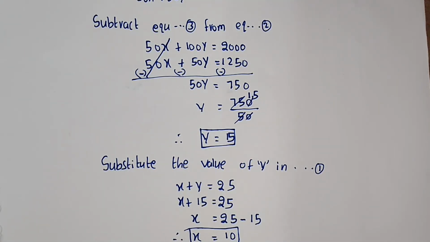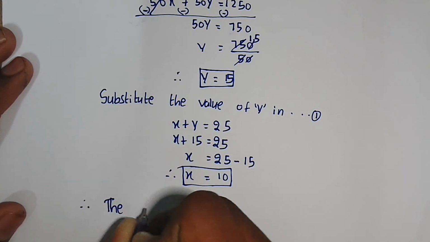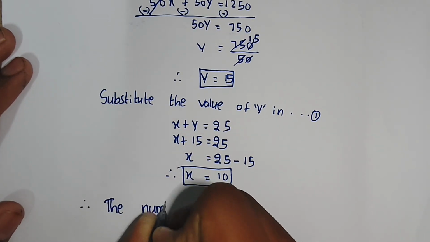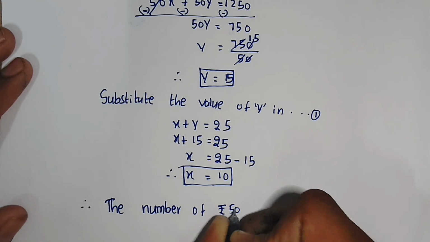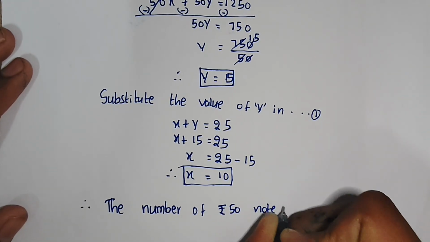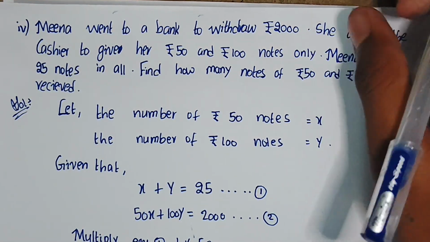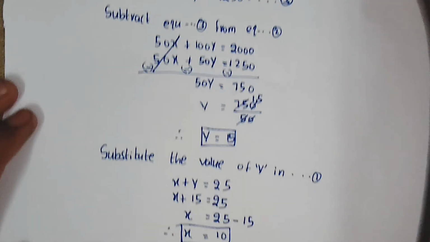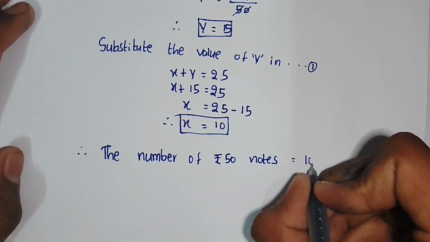So now, therefore the number of ₹50 notes equals what we thought, that the number of ₹50 notes is x. So the number of ₹50 notes equals x, which means 10.